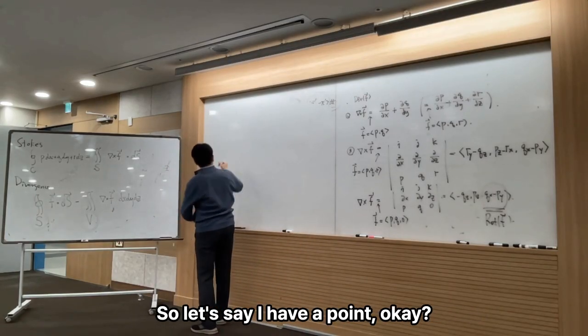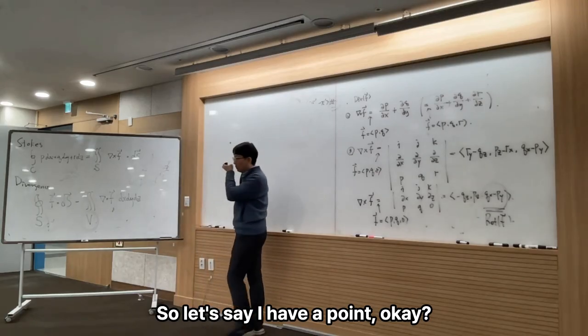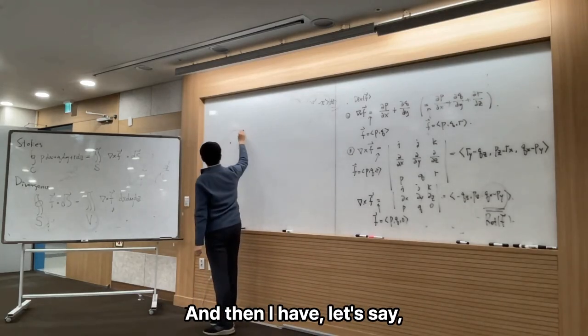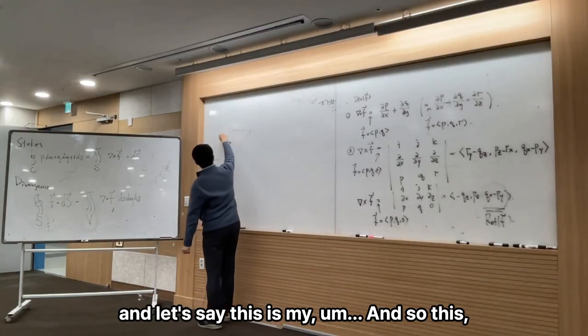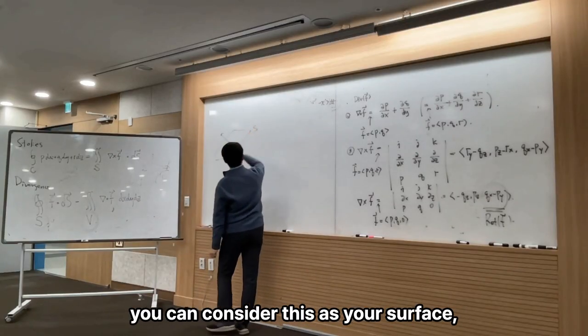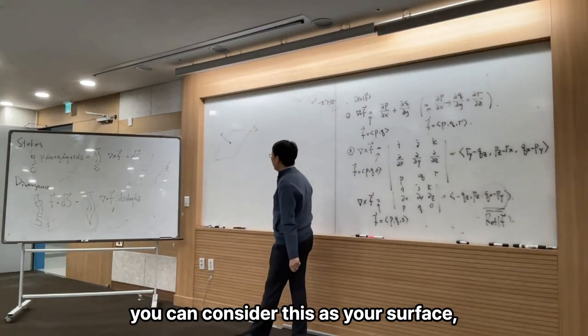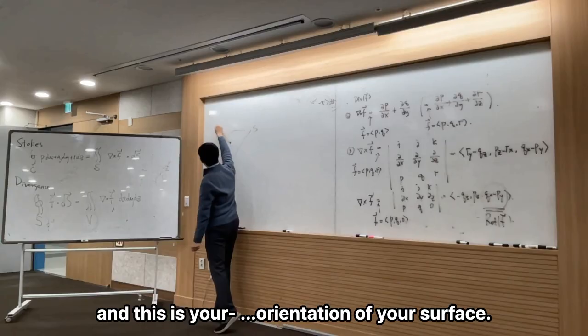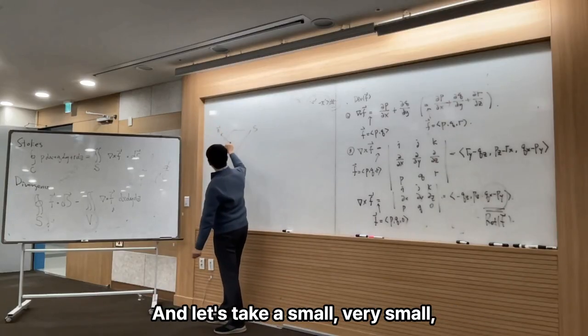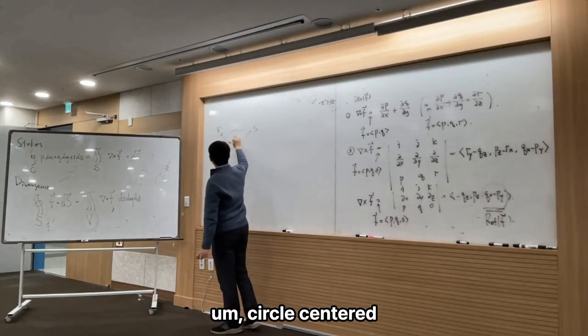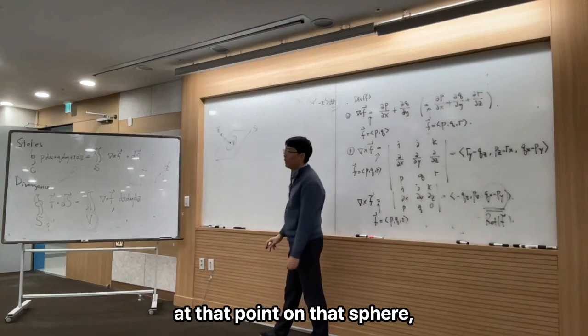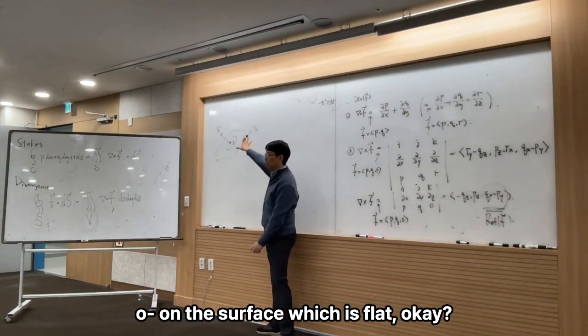Let's say I have a point, and I have a plane in a certain direction. You can consider this as your surface, and this is the orientation of your surface. Let's take a very small circle centered at that point on that surface, which is flat.